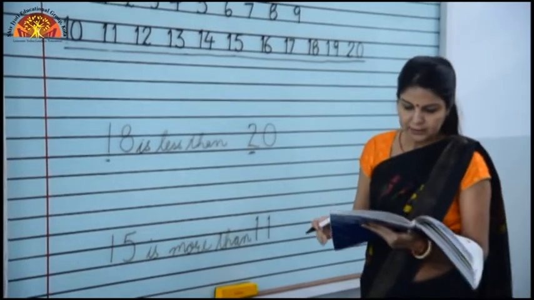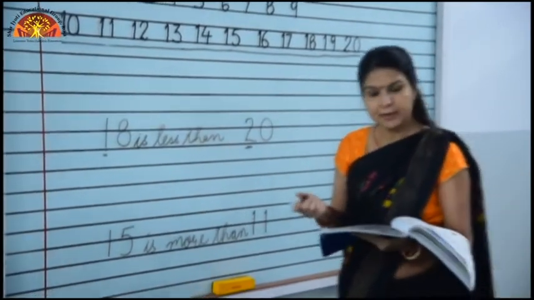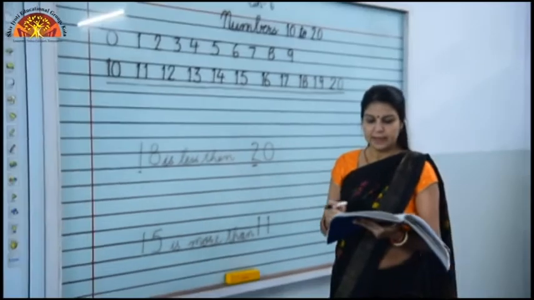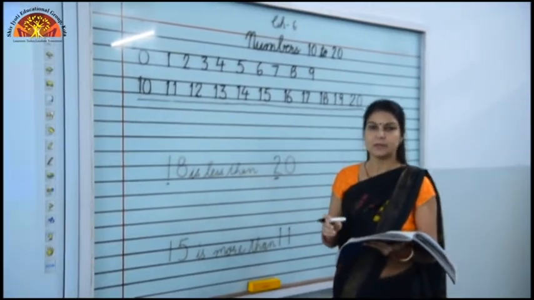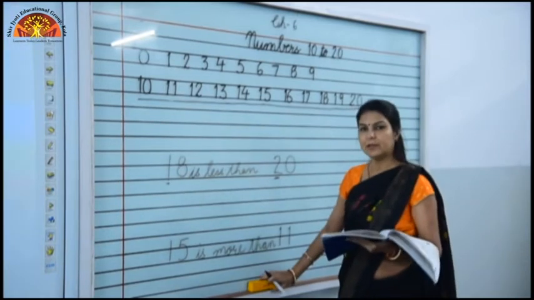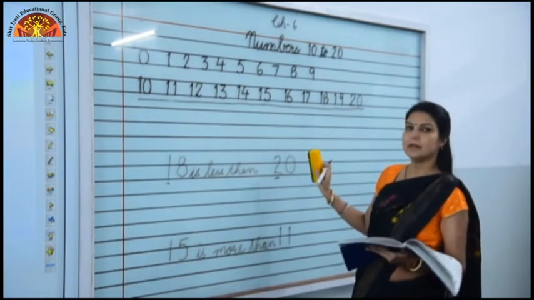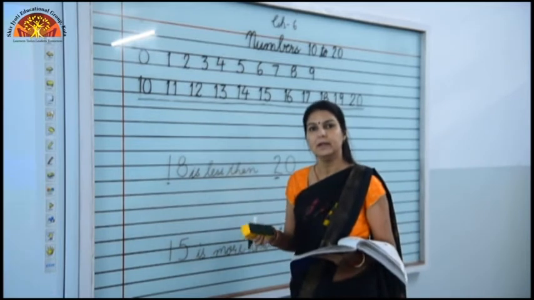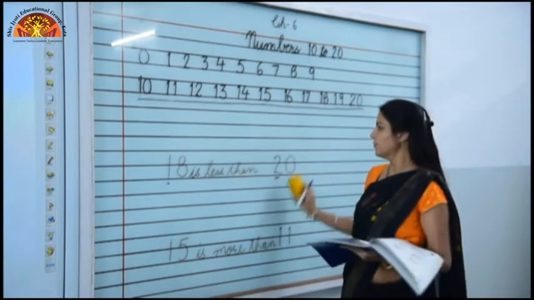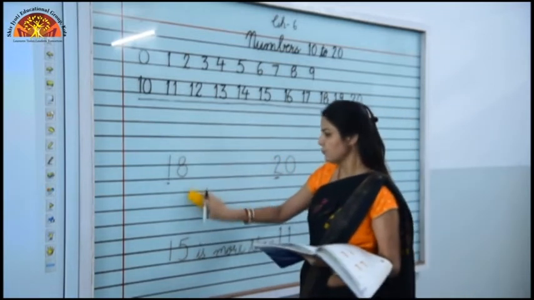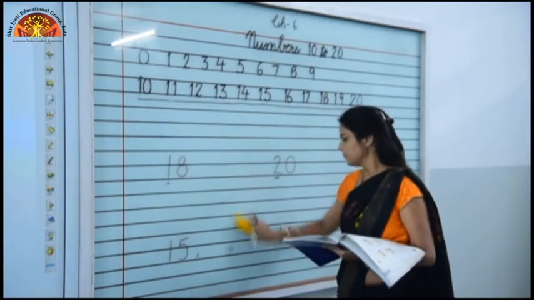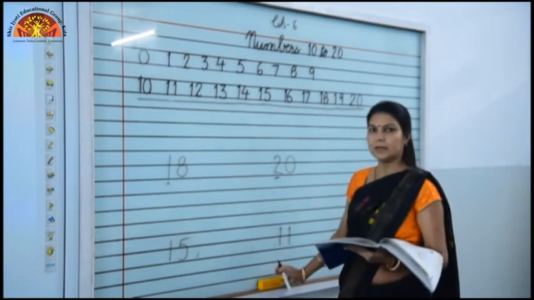Now come to the next question, question number 8. Put the correct sign greater, lesser or equal to in the boxes. Now children, numbers are given. You have to again compare the numbers and put the sign of greater, lesser or equal to. Now we can see in this, two numbers are here, 18 and 20.